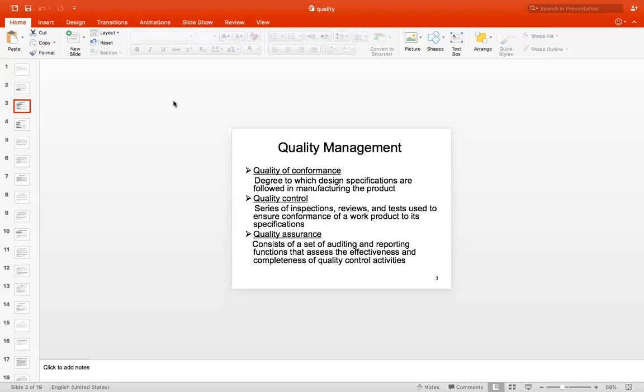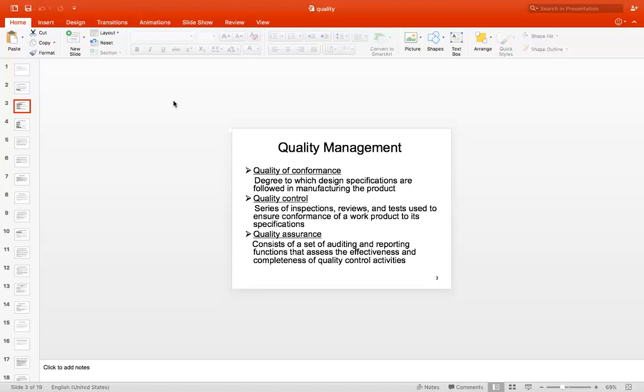Okay, next one is quality control. So a series of inspections, reviews and tests used to ensure conformance of a work product to its specification. How can we achieve this quality control? By doing a series of inspections, reviews, tests used to ensure the conformance of the work.